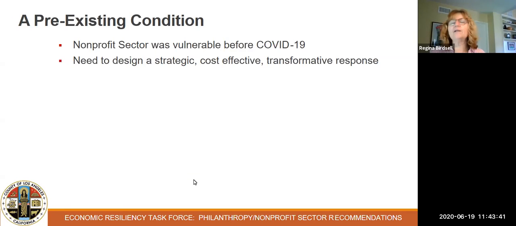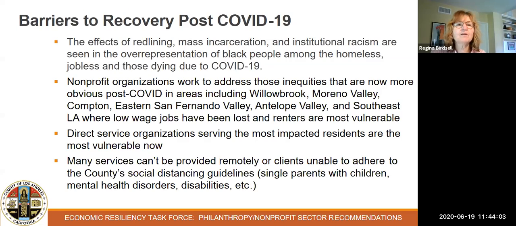But one of the things that emerged as we were talking in my working group was really that this is a pre-existing condition. While COVID really highlights some of the fragility in our sector, there really is an opportunity now to talk about a more strategic, cost-effective, transformative solution. So we thought we'd go for it.